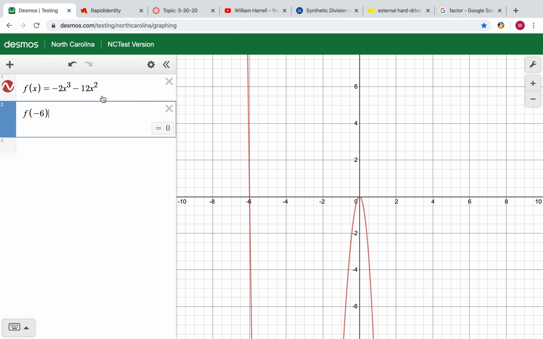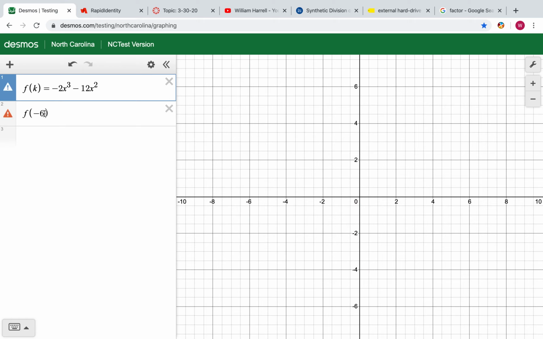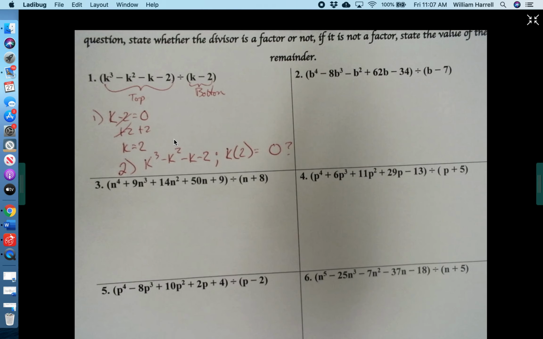So, come back to Desmos. I'm going to say function. This time it's k. k is my variable. And now f of 2, where my polynomial is k cubed minus k squared minus k minus 2.